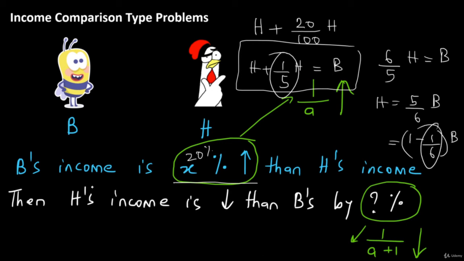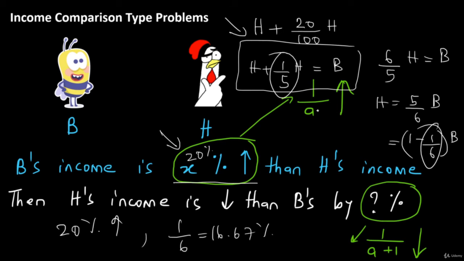Or if b's income is 20% more than h's, then h's income will be 1 by 6, which is 16.67% less than b's income. All right, now we have discussed this method over here, which helps us to do it very fast, and we have over here discussed the logic behind this method.